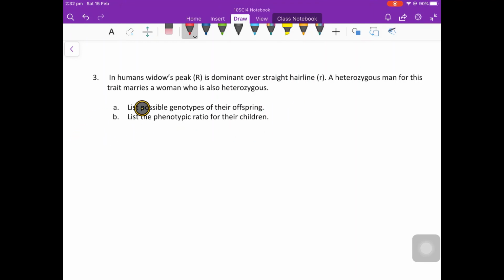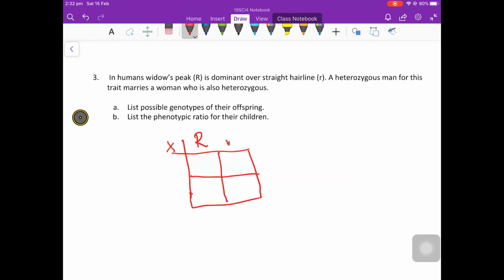So let's do that. In order to list all the possible genotypes, we have to cross a heterozygous man with a heterozygous woman. Let's start off by drawing up our Punnett square. And the cross will be between a heterozygous man and a heterozygous woman.